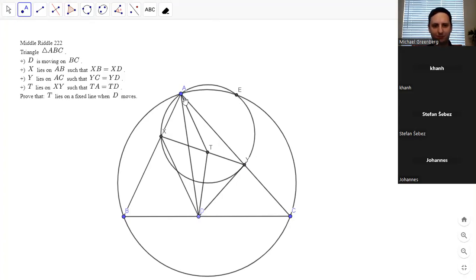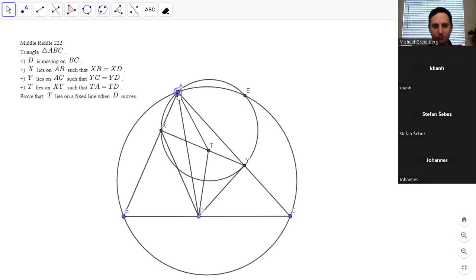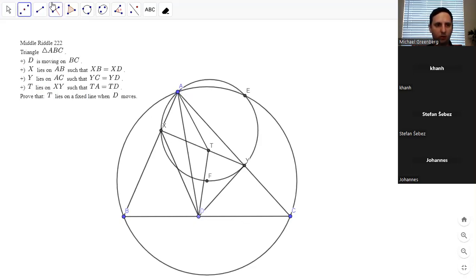Also, the circumcenter of ABC lies on AXY. So that means that this is a kite right here.